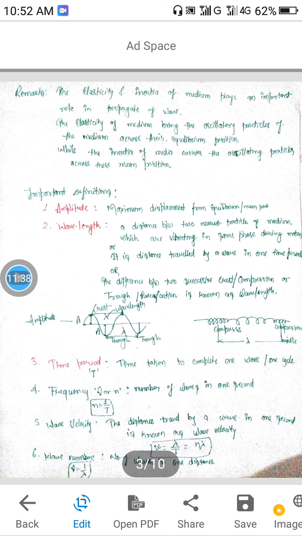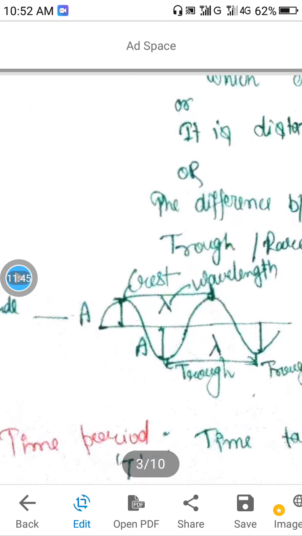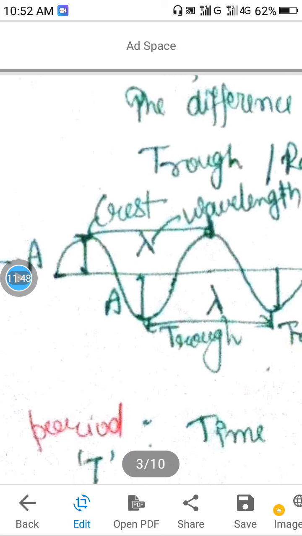Remember that the characteristics of transverse waves are understood by the crest and trough. In a transverse wave, the medium vibrates at 90 degrees to the direction of propagation. When you see the highest displacement in the positive direction, that is known as the crest, and when you see it in the negative direction, downward, that is the trough.